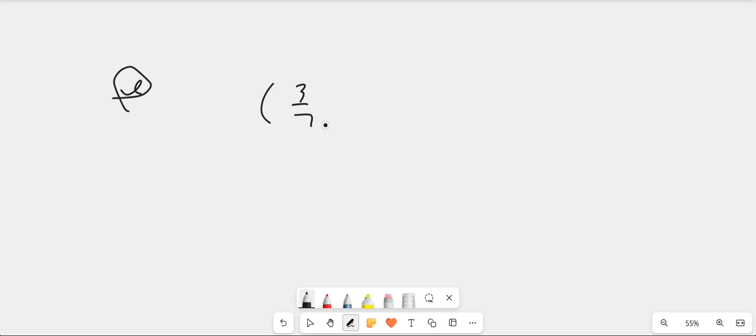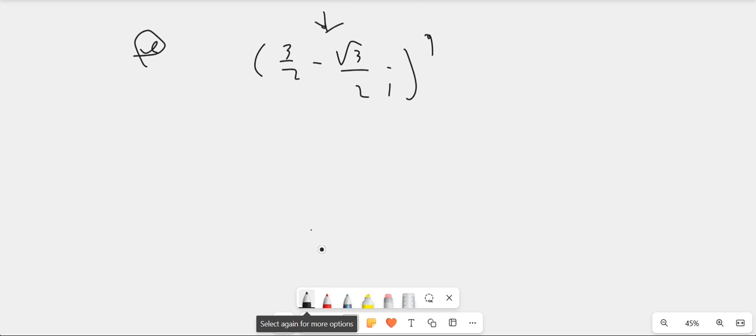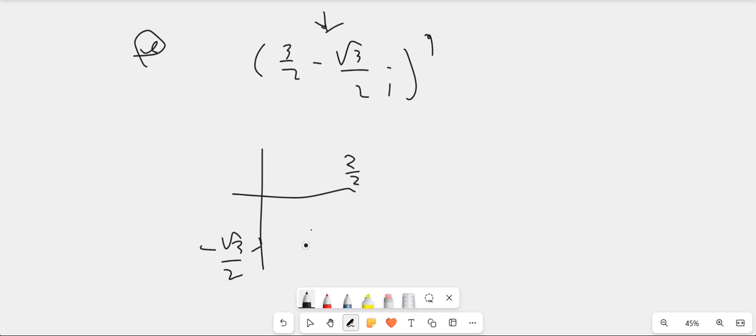So again, yeah, 3 over 2 minus root 3 over 2i, to the power of 9. So let's just isolate this first, and then we put it in exponential form, and then you put the power of 9. So that's just basically 3 over 2, and then negative root 3 over 2. So that's here.